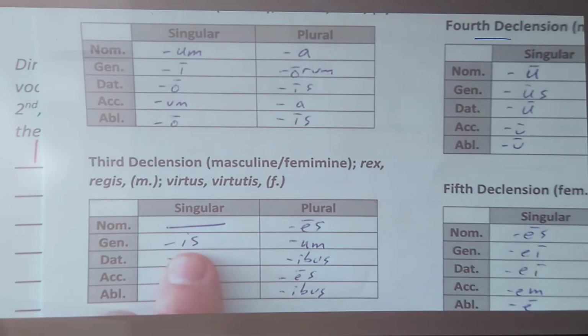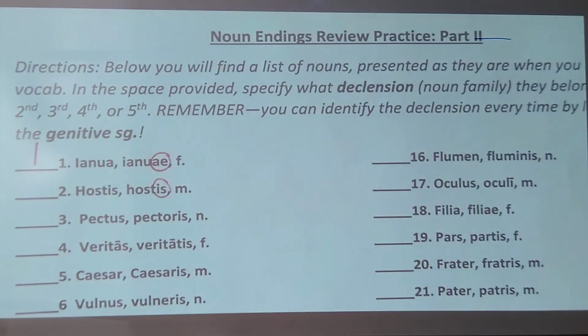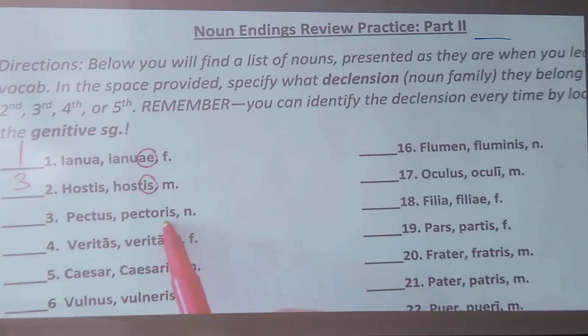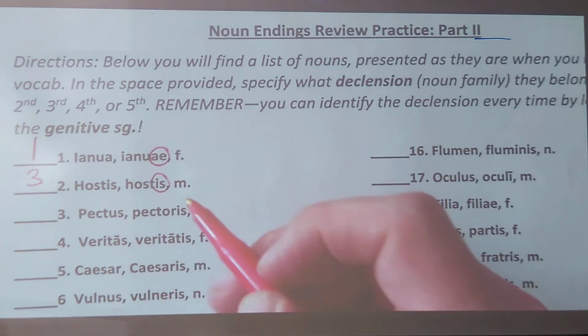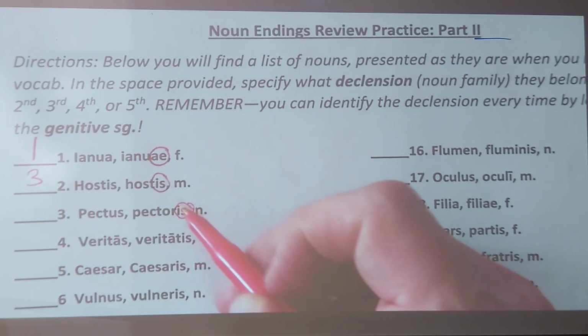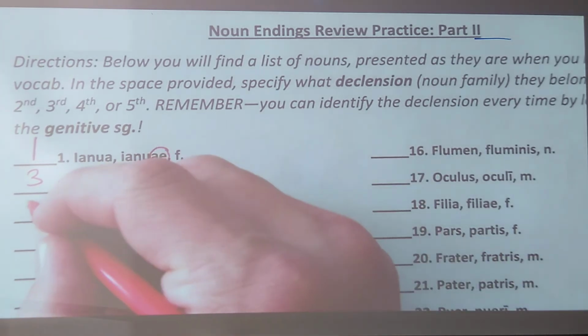Right there. So is. That tells us we can write a 3. Okay? Pectus, pectoris, same thing. We don't even look at the nominative. We're going to look at the genitive singular. Ends in is. It'll be the same thing as here. So we can write a 3.